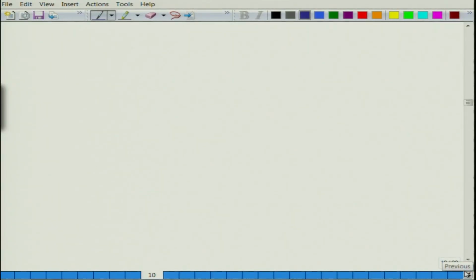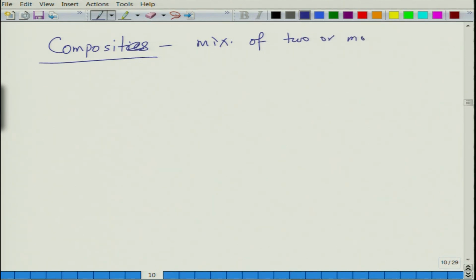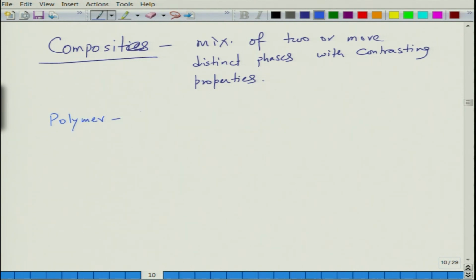So, what are these composites? Composites are generally a mix of two or more distinct phases with contrasting properties. So, for example, let us say we make a composite which is a polymer ceramic composite.